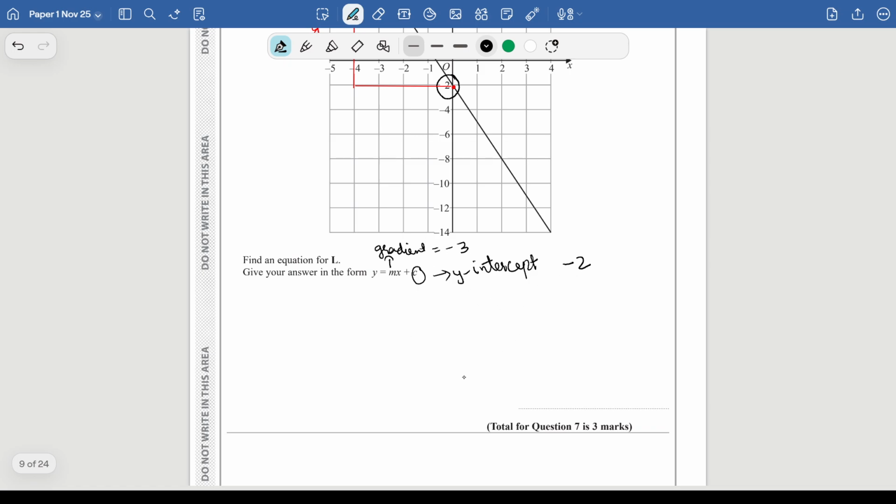Substituting these values in the equation, we get y is m, which is -3x plus -2. Well, you can write it in a little better way. So to combine plus and minus, we can just write it as -2 here. So that's the equation of the straight line.